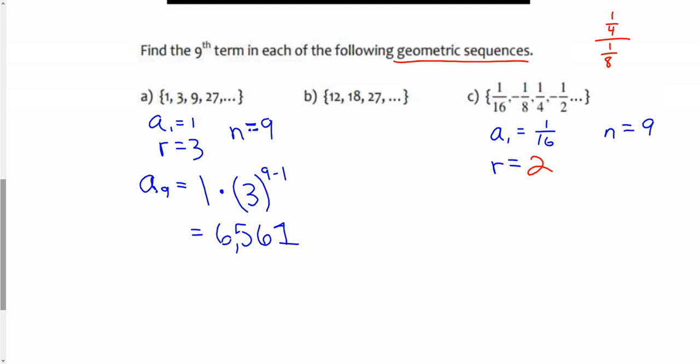So now we just plug all this stuff into the formula. So we want to find the 9th term.